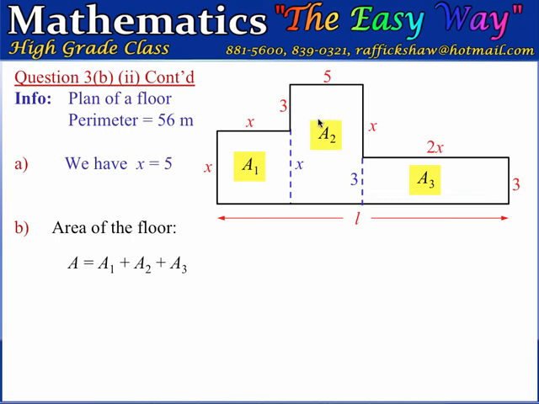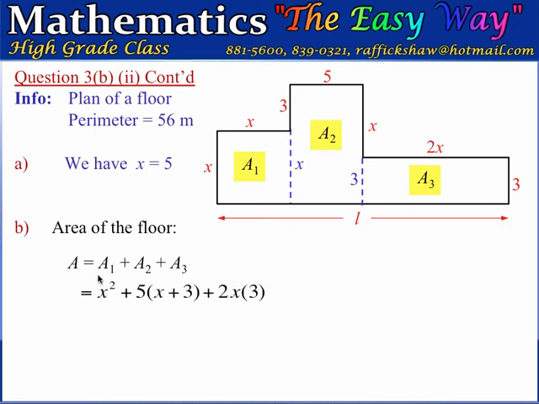And so the area of area 2 will be 5 multiplied by x plus 3. Area 3 also is a rectangle, and its dimensions would be 2x by 3. And so the area of area 3 would be 2x multiplied by 3. And so we can write an expression for the total area of the floor by taking the area of area 1 plus the area of area 2 plus the area of area 3.